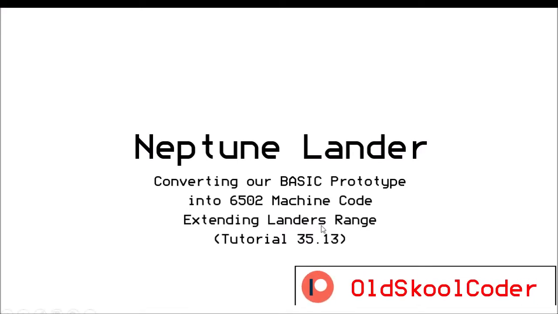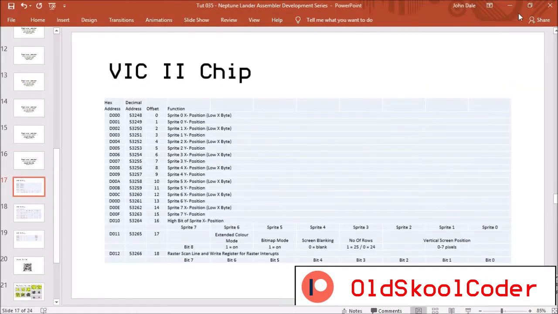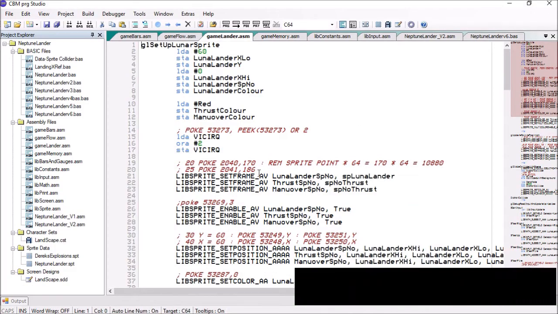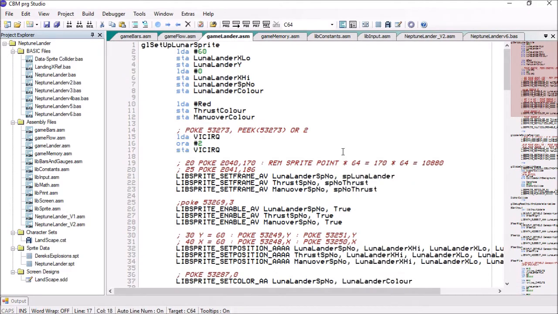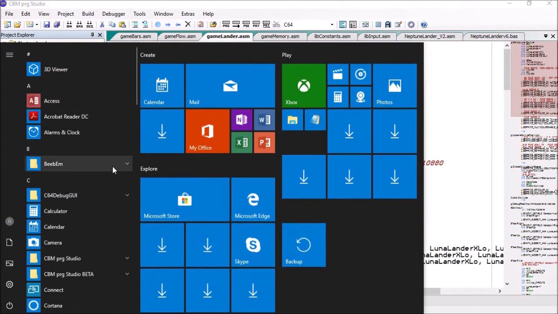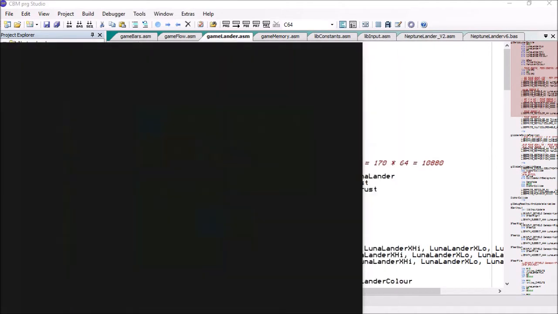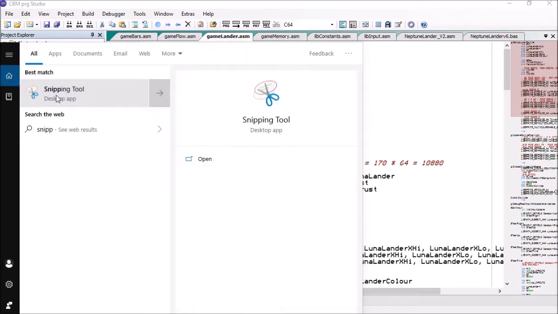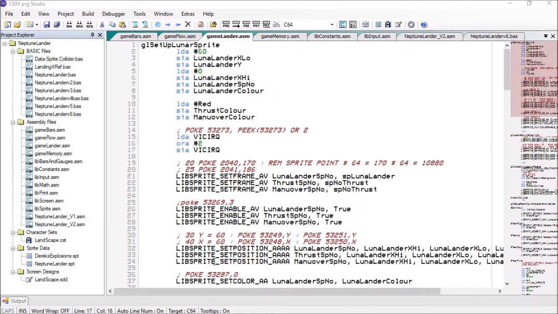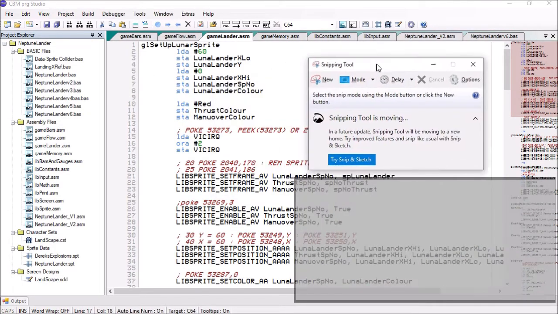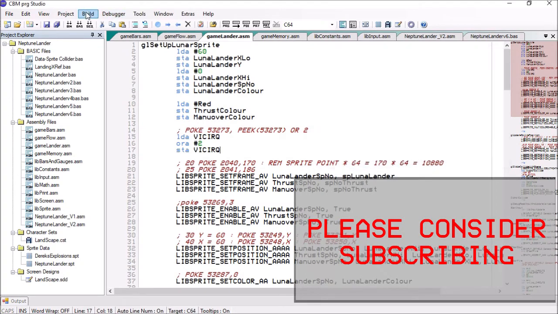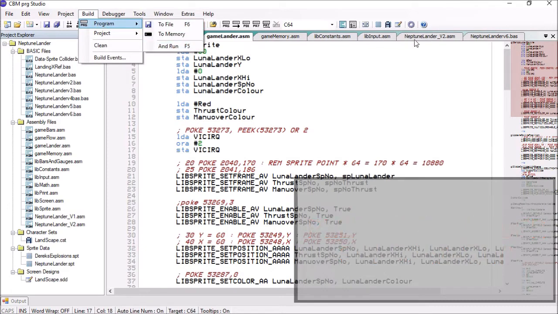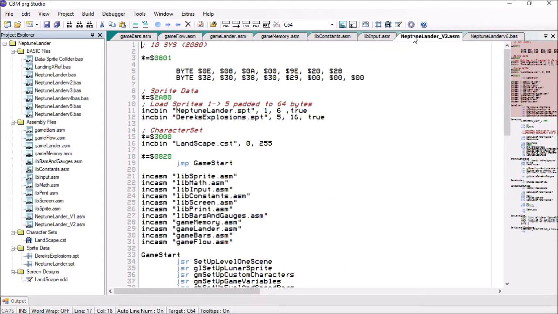So with that, the problem we've got, let me try and explain. I'm going to, if I can find the snipping tool. There we go. I'll just put that to one side. So if I run this, I need to be on the right one.